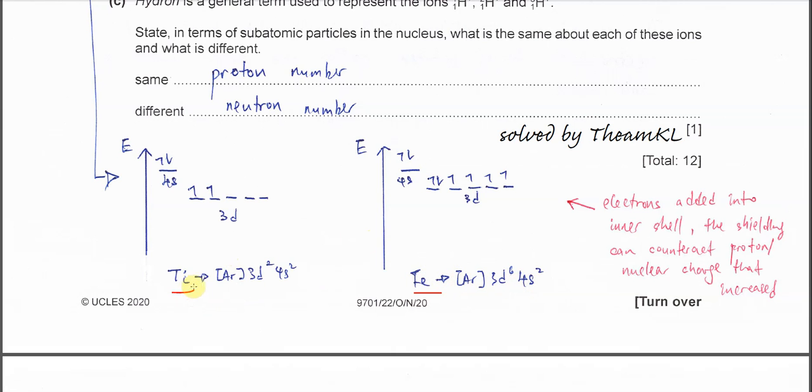Okay, for titanium, we know that it is argon 3d2 4s2. Okay, the 3d orbitals will be lower than 4s when the d orbitals have electrons. That's why it looks like this, this orbitals diagram. Titanium, the 3d2, the 2 electrons are filled in the d orbitals, singly filled.